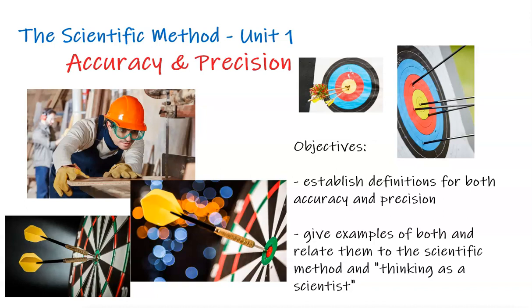So there are a few diagrams and pictures in the front, looking at this wood cutting exercise right here, and you've got these various dartboards and archery targets as well, signifying both accuracy and precision. And there's a cool saying in carpentry or any kind of making things with your hands, which is that you measure twice and cut once.